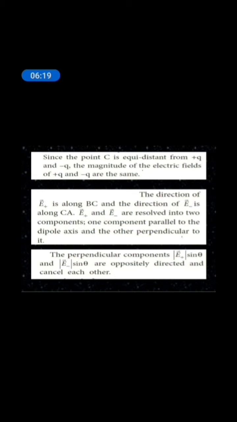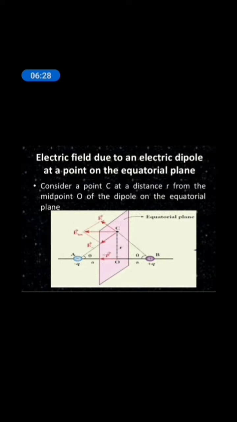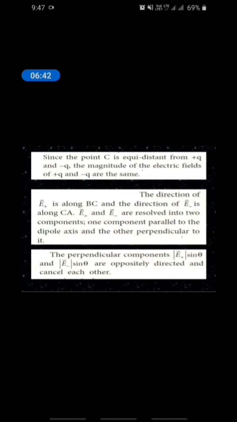The direction of E plus is along BC and the direction of E minus is along CA. It is clear in the diagram. E plus and E minus are resolved into two components, one component parallel to the dipole axis and the other perpendicular to it.